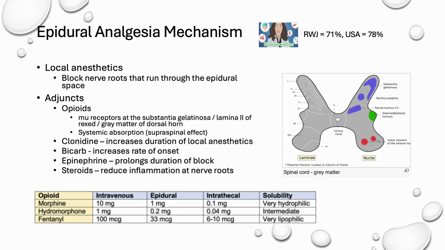Epinephrine may prolong the duration of the block due to local vasoconstriction and reduced systemic absorption, and steroids are often used to reduce inflammation of nerve roots. I also included a chart below that looks at 3 commonly used epidural opioids, and the chart compares their relative strengths based on the location of administration.